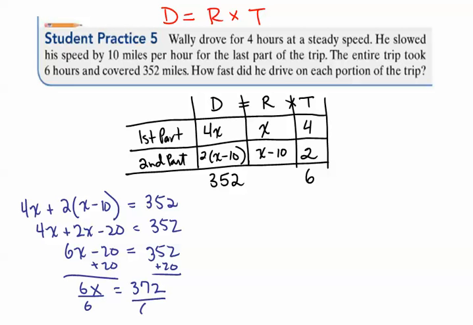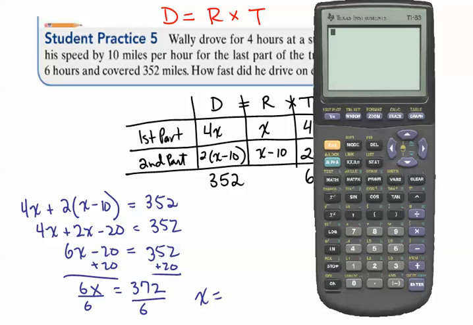Dividing by 6, we get x should be equal to 372 divided by 6, or 62, which should be the miles per hour driven in the first part of the trip.